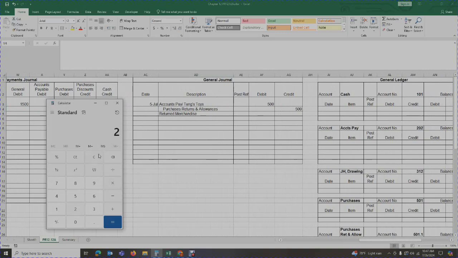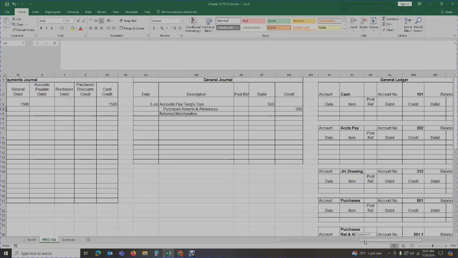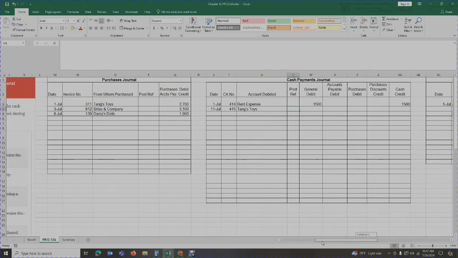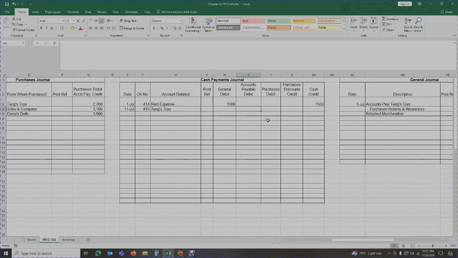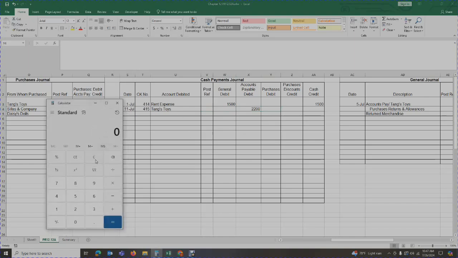So we have $2,700 minus $500, so we owe Tang's Toys $2,200. That is how much we owe. So we're going to go over here on my accounts payable, and I'm going to clear it for the $2,200, which we calculated by getting the purchases minus the return. That gives me a balance of $2,200.